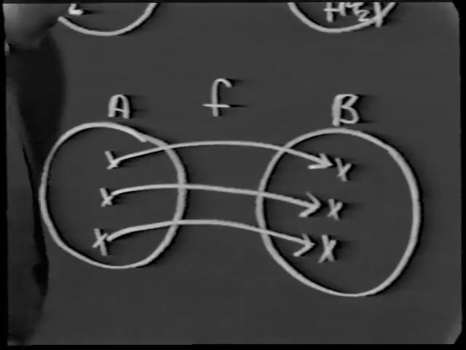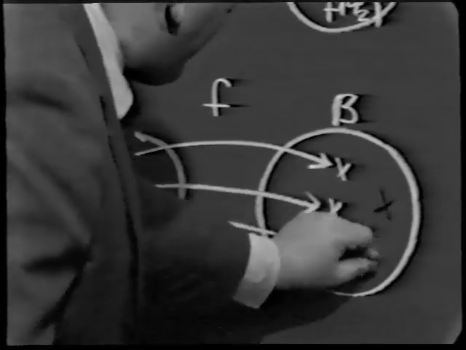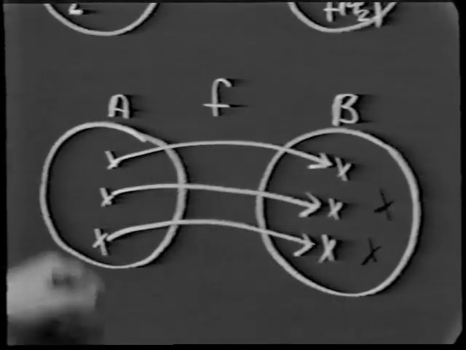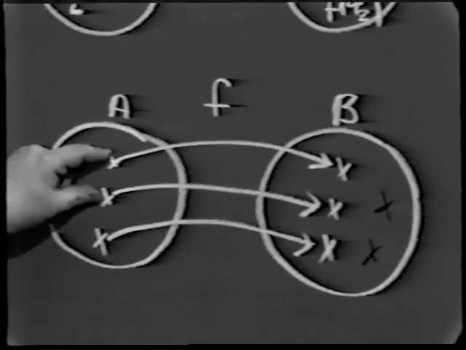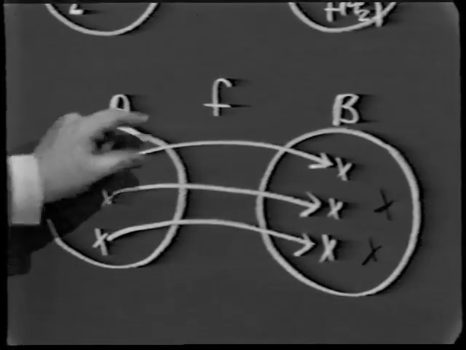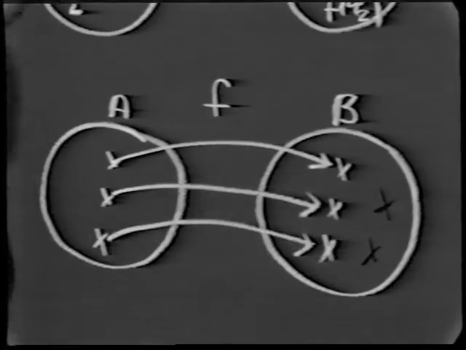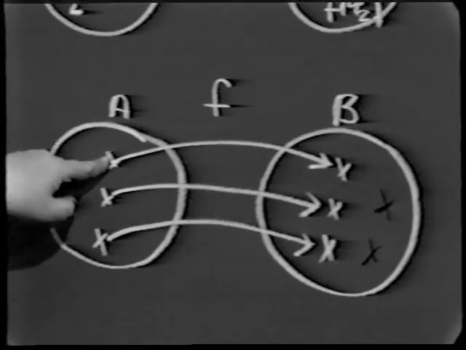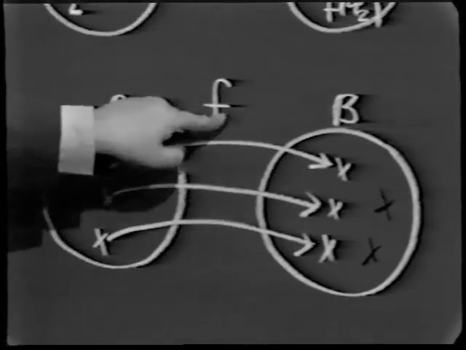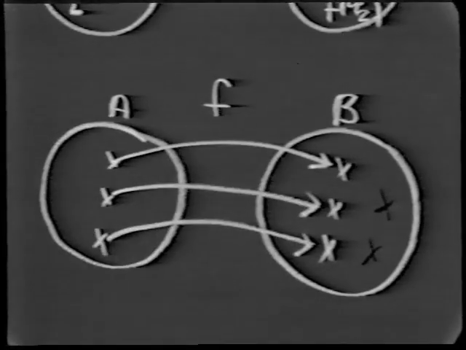Now, that wasn't crucial. For example, if I do this, notice now that the function from A to B is still one-to-one. No two different elements in A have the same image in B. But now the function is no longer onto because there happen to be elements in B which are not mapped into under f by elements of A.